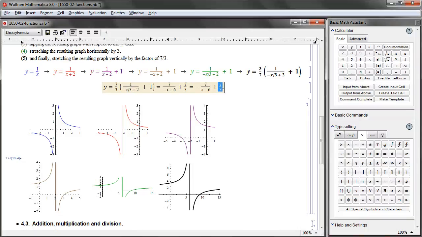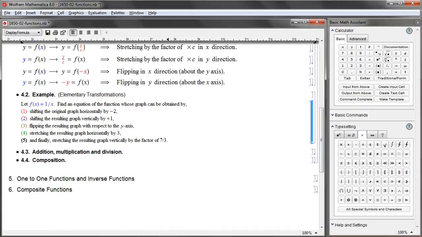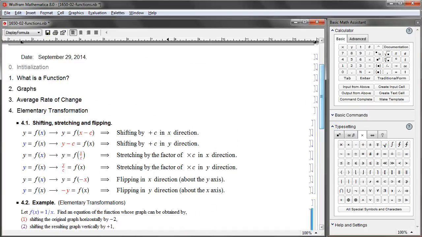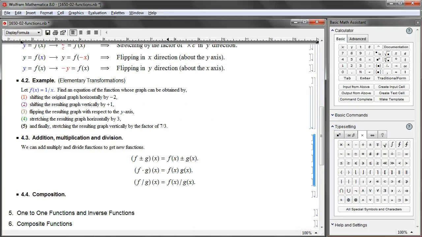Okay, we still have a little bit of time left to talk about the next topic, so let's go. Addition, multiplication, and division. And I know for a fact you went through all these in intermediate algebra and then in college algebra. I know it because I taught those courses before. Addition or subtraction of function, just add the function or subtract the function afterward.